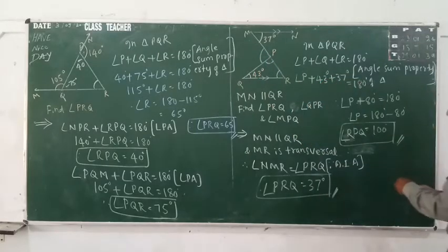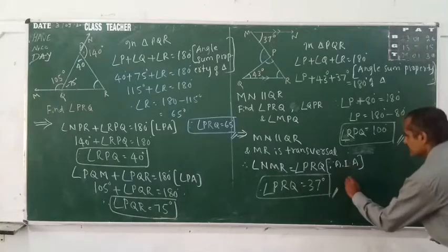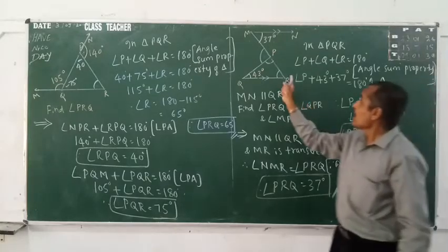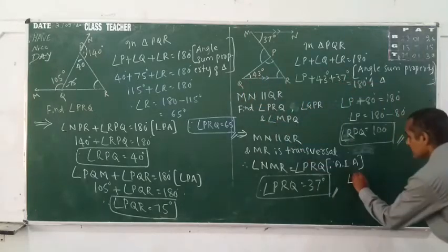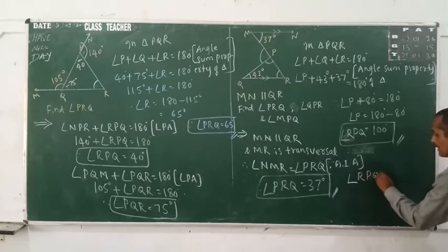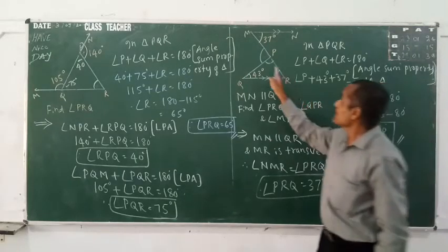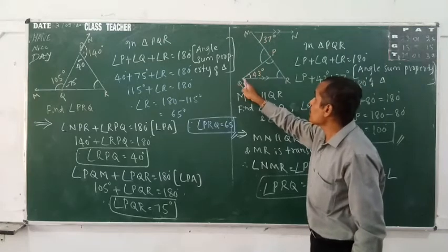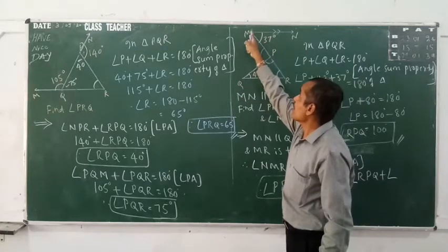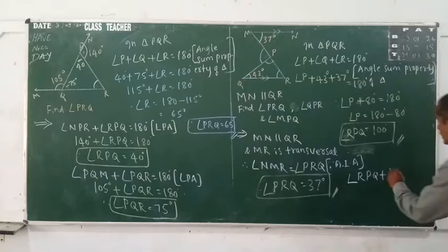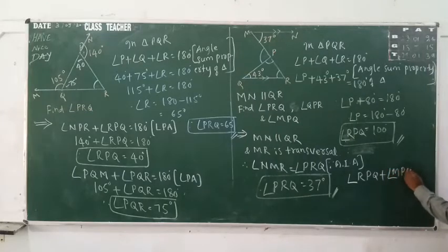I can write now the last part. Here I will write angle RPQ plus angle, this angle. How to write this angle? QPM or MPQ. Angle RPQ plus angle MPQ is equal to 180 degrees.